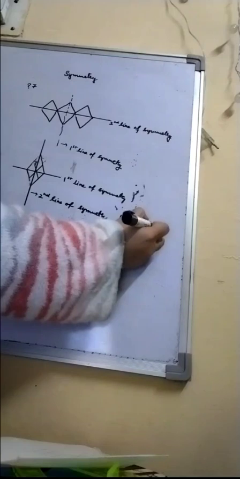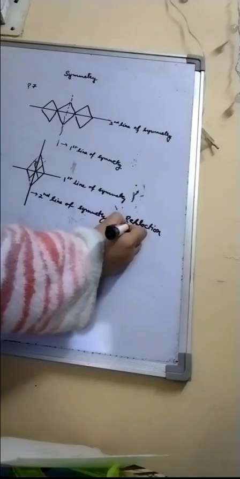This we had studied earlier also. These are reflection symmetries because one part is the mirror reflection of the second part. So these are also called reflection symmetries.